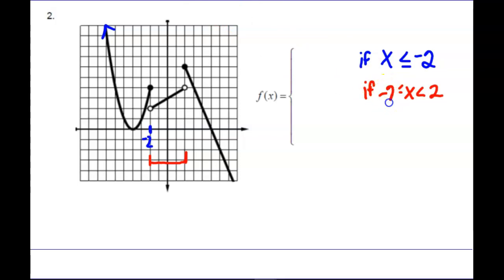Write that so it's not so messy. All right, and the third chunk, this line over here, starts at 2 and goes off to the right forever. So how do we write that? X is greater than 2, but it has a solid circle, so we need greater than or equal to.